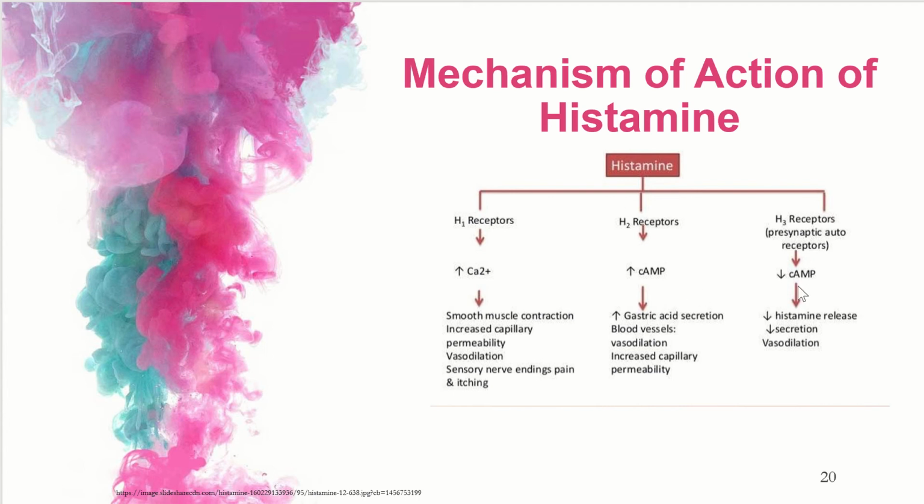And for the other two receptors, there's an increase or a decrease in cyclic adenosine monophosphate, and it has different effects, whether it be increasing gastric acid secretion or decreasing histamine release.